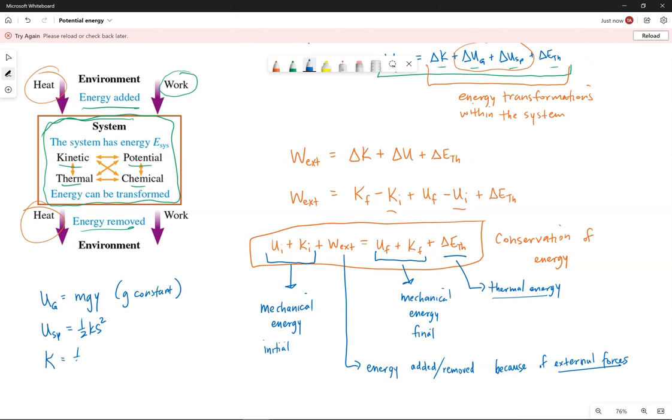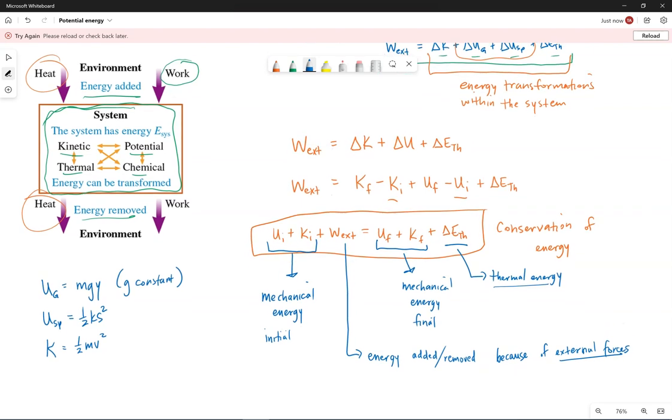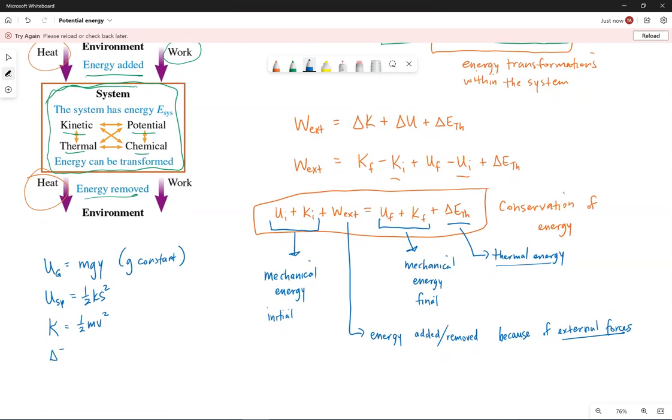Kinetic energy, energy of motion, anything moving has kinetic energy, and then thermal energy. This is the positive kinetic friction force times delta S. And yes, you can totally do friction times distance. I keep trying to not do it because I'm trying to be consistent with our author. This equation is fundamentally the same as the net work equaling change in kinetic energy.